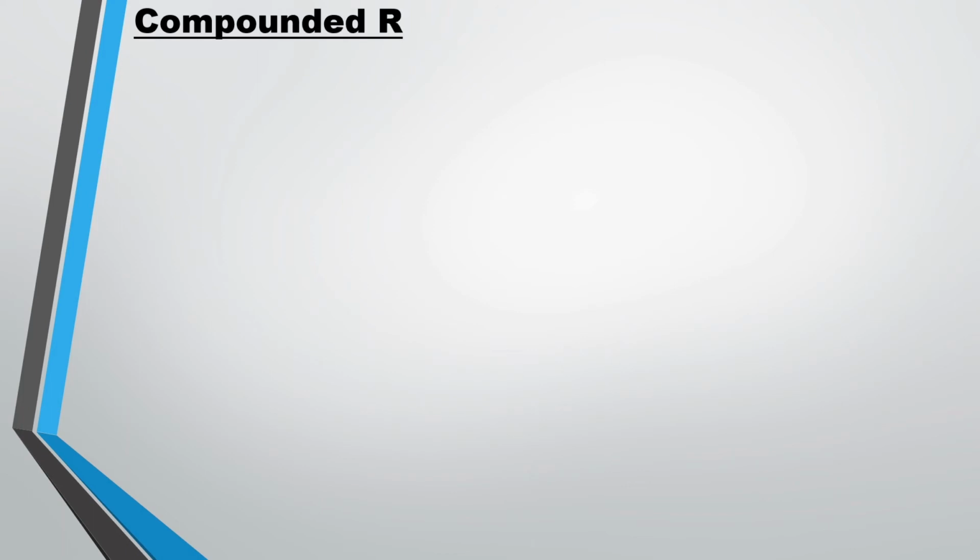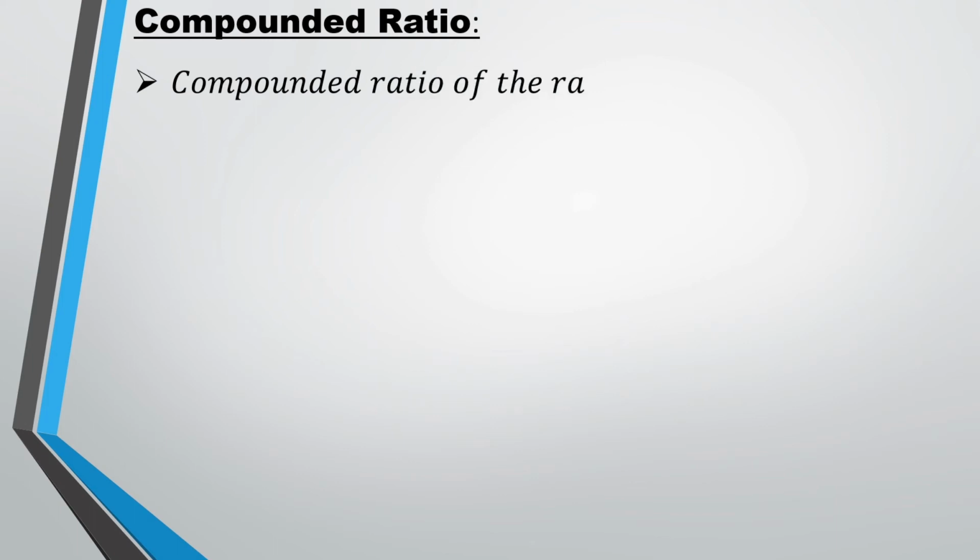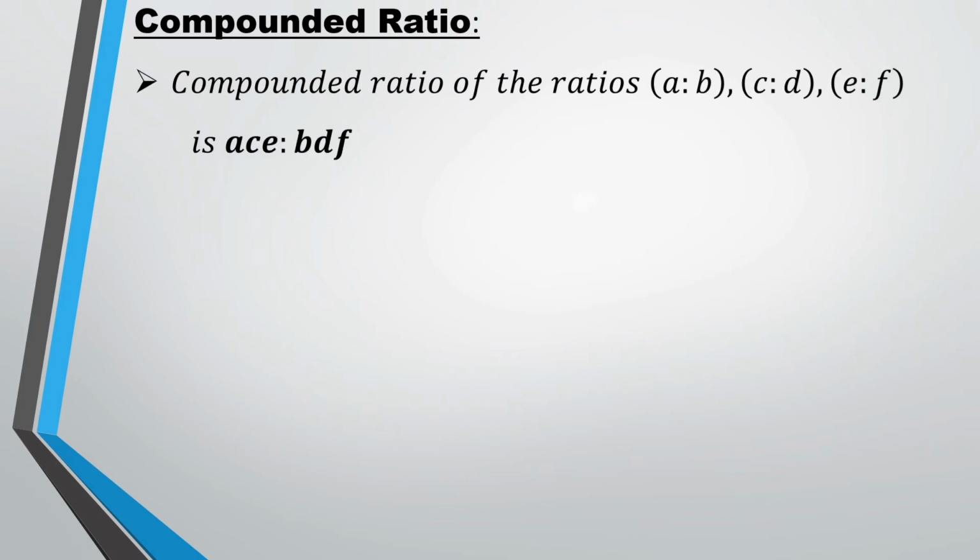Next one, compounded ratio. Compounded ratio of the ratios A is to B, C is to D, E is to F is ACE is to BDF.